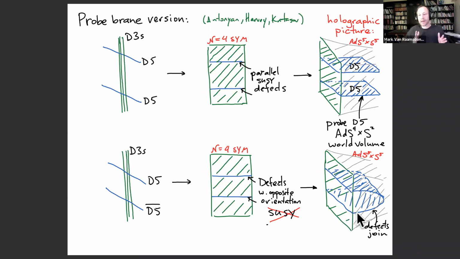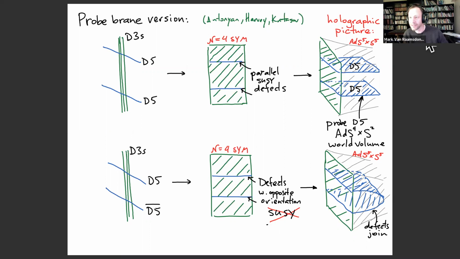And so now, because it's a probe brane, you still have this solution, but it turns out that one would not be stable. The D5 and anti-D5, as they extend into the bulk, the proper distance between them actually gets closer and closer. And so at some point, there's a tachyon that develops. And that's associated with an instability, and the end point of that instability is this picture where the defects join together, where the 5 branes join together.